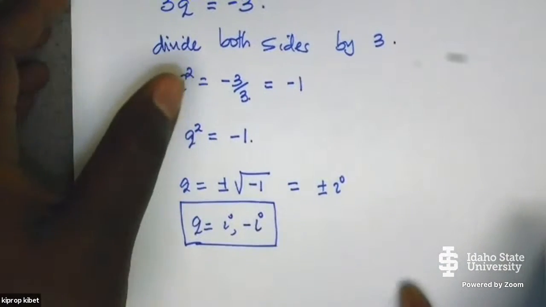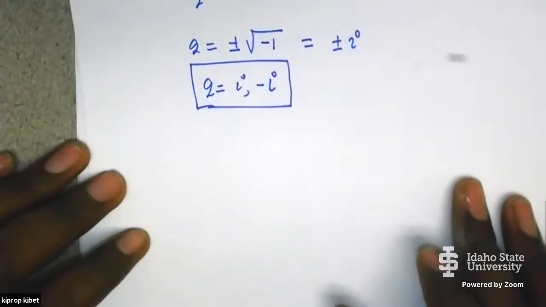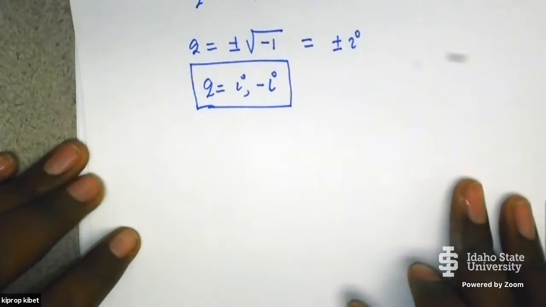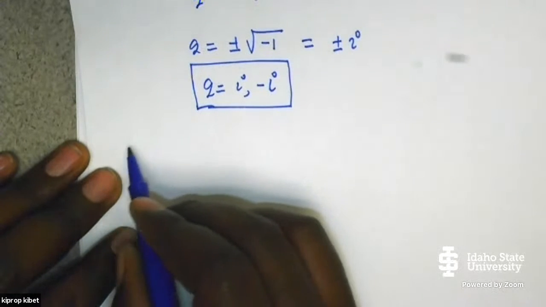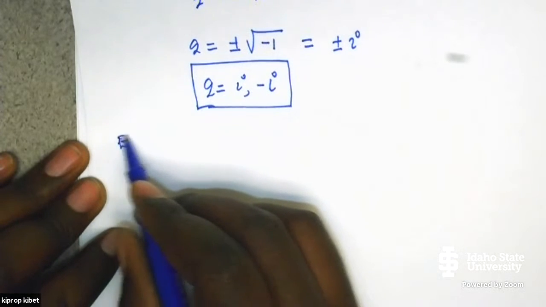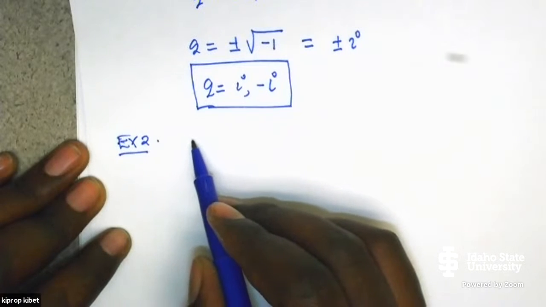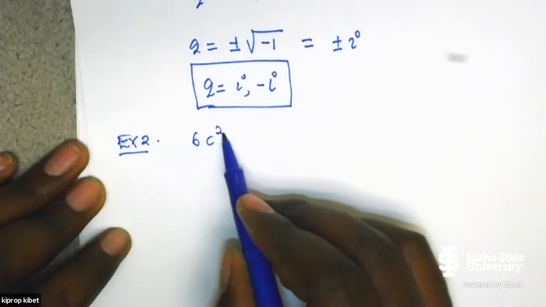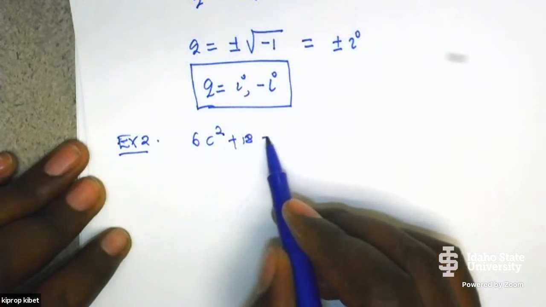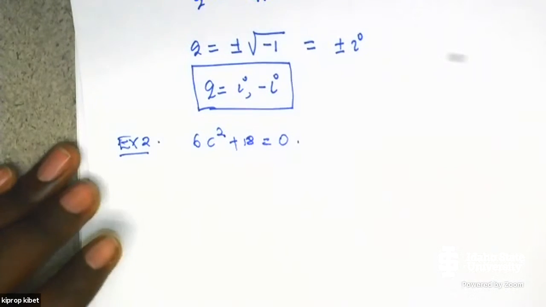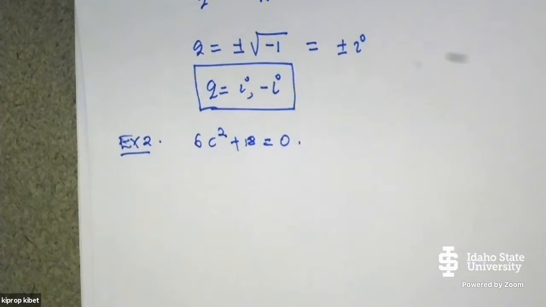Another example. Use the square root property to solve number 2: 6c squared plus 18 equals 0.